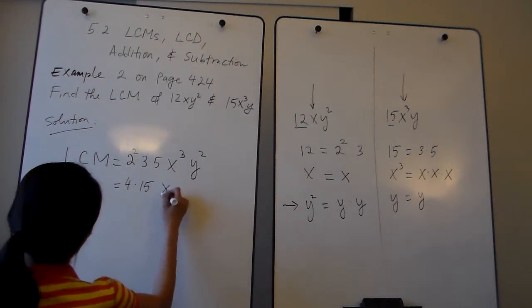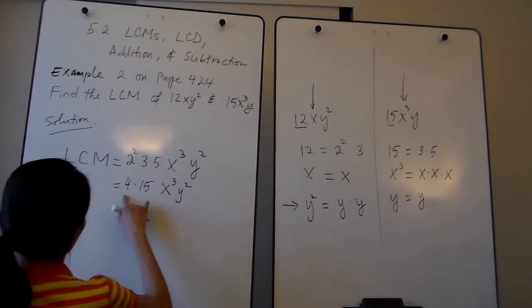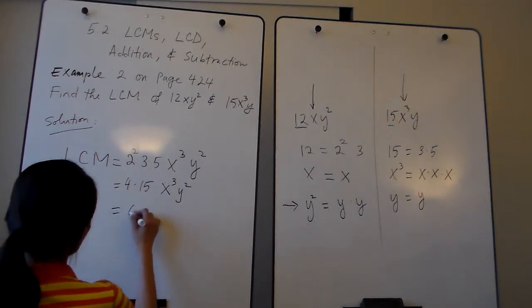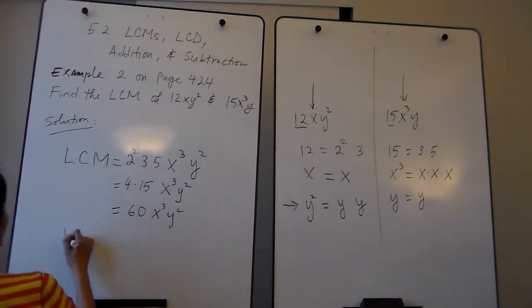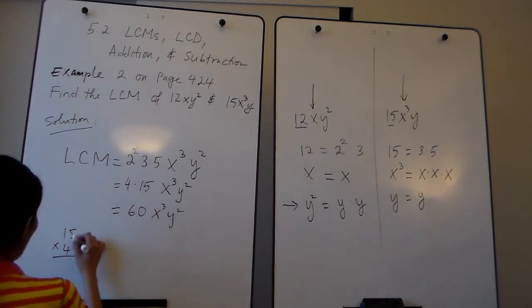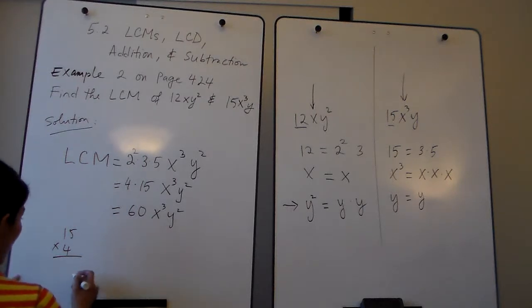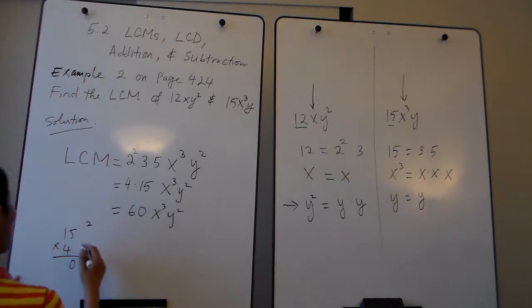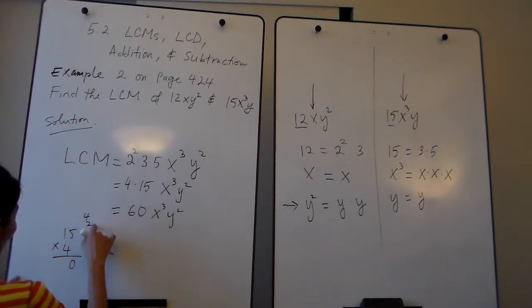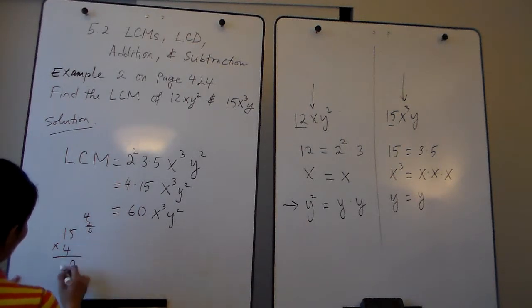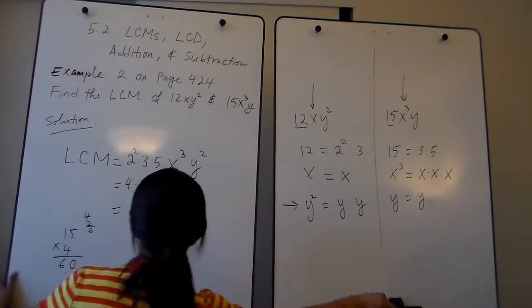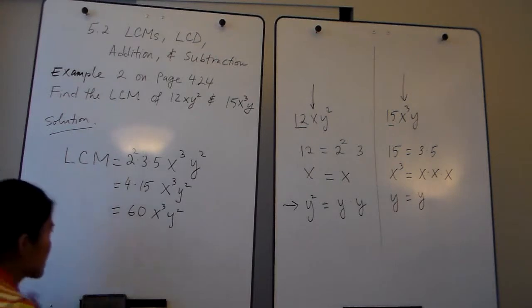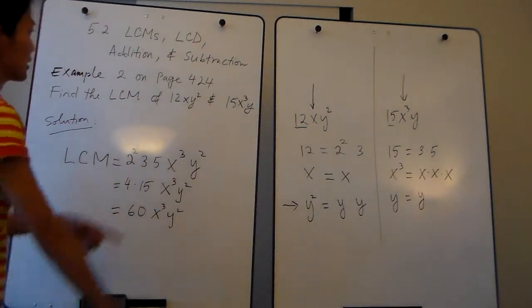You cannot simplify x to the third y squared, so just rewrite it. 4 times 15 is 60. Let me work on the side: 4 times 5 is 20, write 0, carry 2. 4 times 1 is 4, plus 2 is 6. That's where you have the 6. So 4 times 15 is 60. And 60x to the third y squared is the LCM for these two expressions.